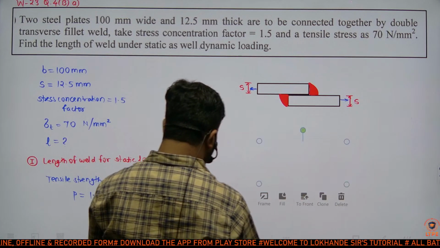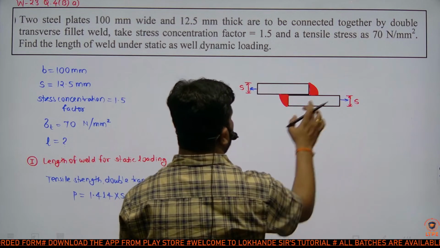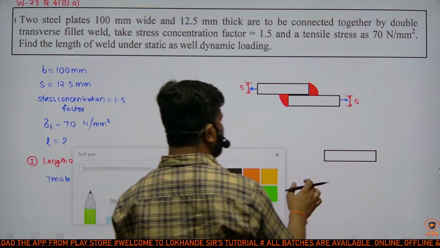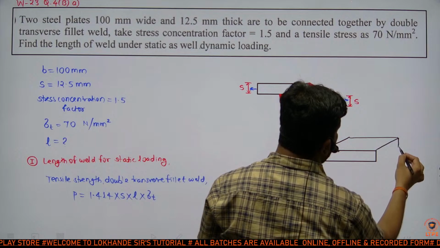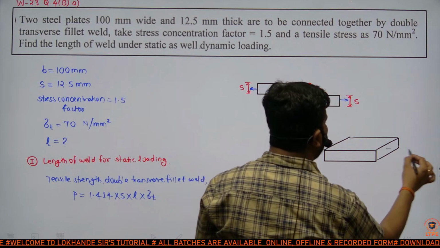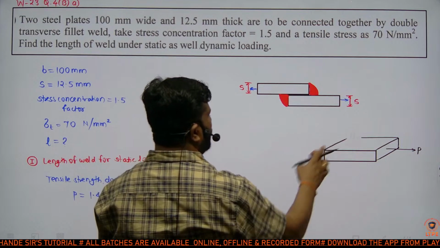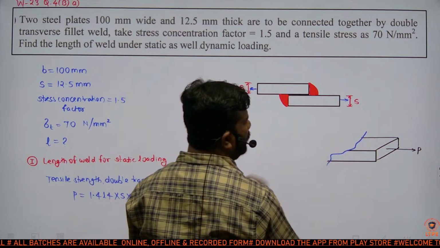So how to find P? Assume this is a rectangular plate on which this tensile load P is acting. How to find the tensile load on this plate?